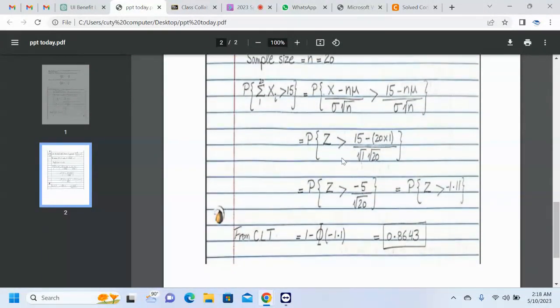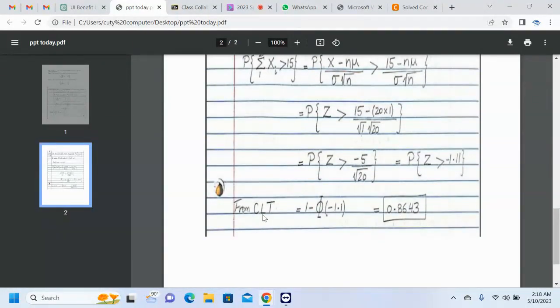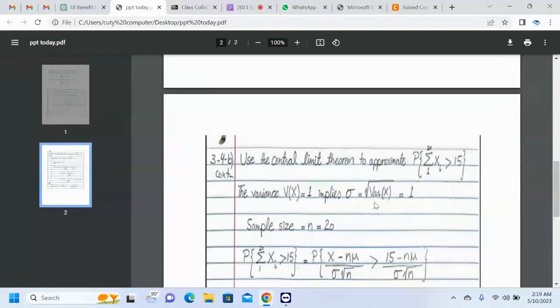After putting the values in, we get z greater than minus 1.11. So the probability that z is greater than minus 1.11, from the table, gives the answer 0.8643. Nice. Thank you.